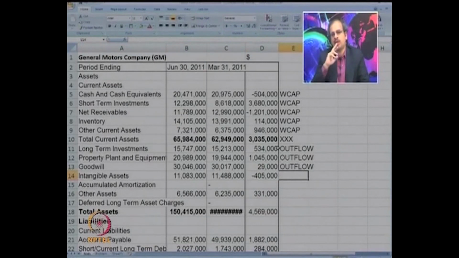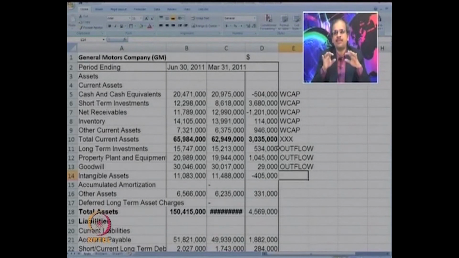Inflow, outflow, where will it come? This is slightly a tricky item. You may feel that decrease means it's an inflow. We might have sold the assets. It could have been true if it would have been tangible assets.